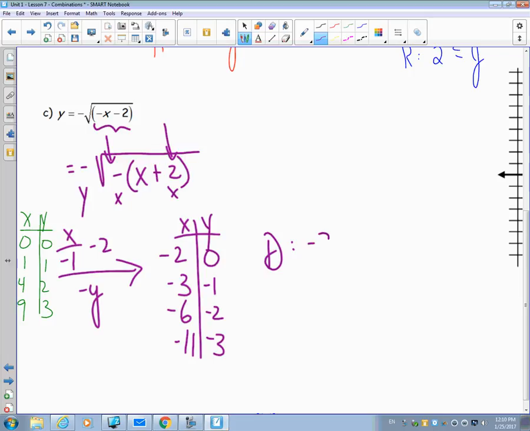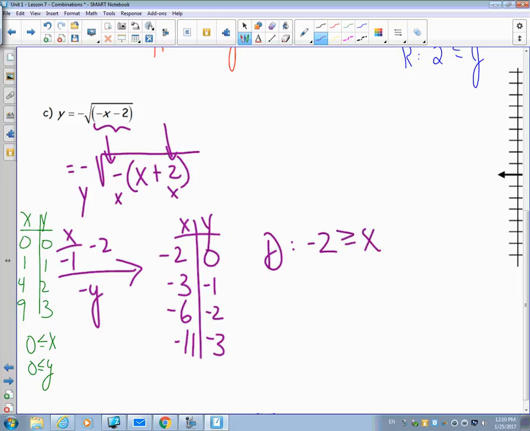I'll get the -2, but I got to flip the other direction. And remember on our original one, it's up above, but originally domain is like this and range is like this, right? So on our new one, I got to flip my direction.